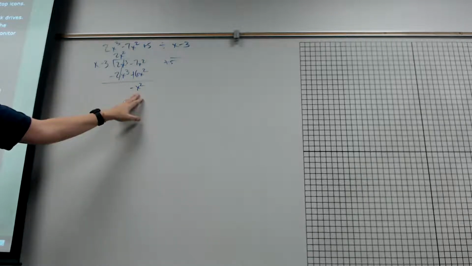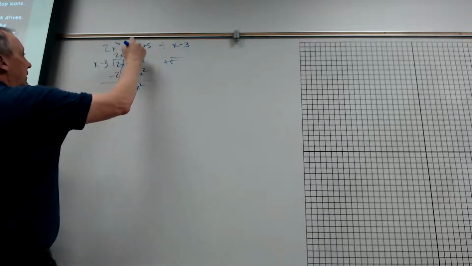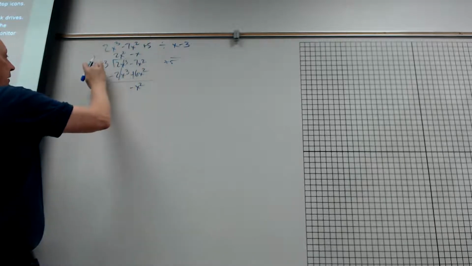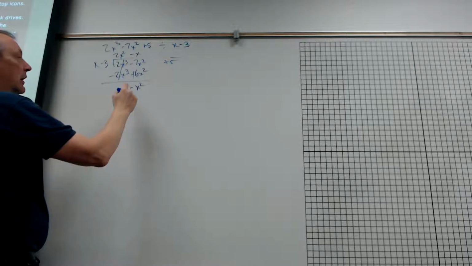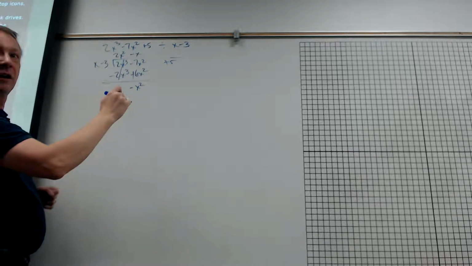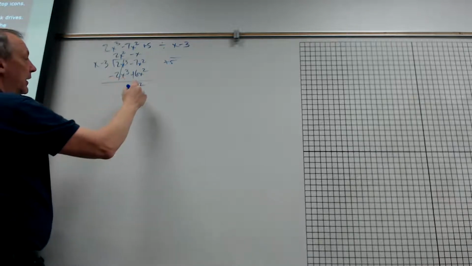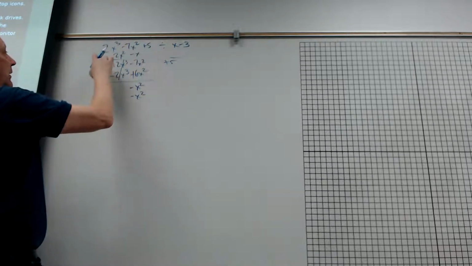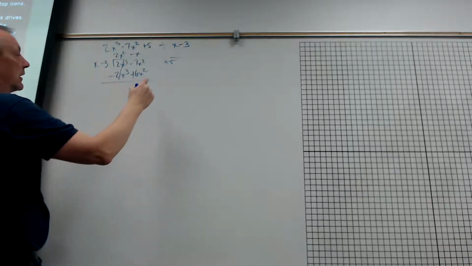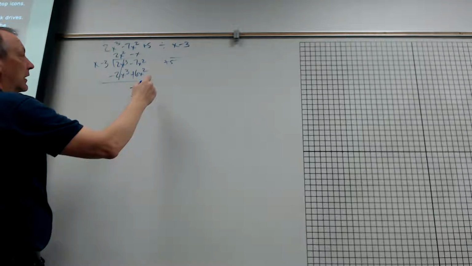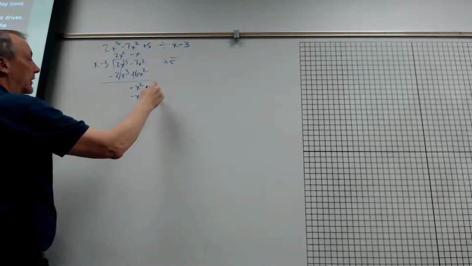Once. Negative x. It goes in negative x times. Negative x times x is negative x squared. Negative x times negative 3 is positive 3x, okay?